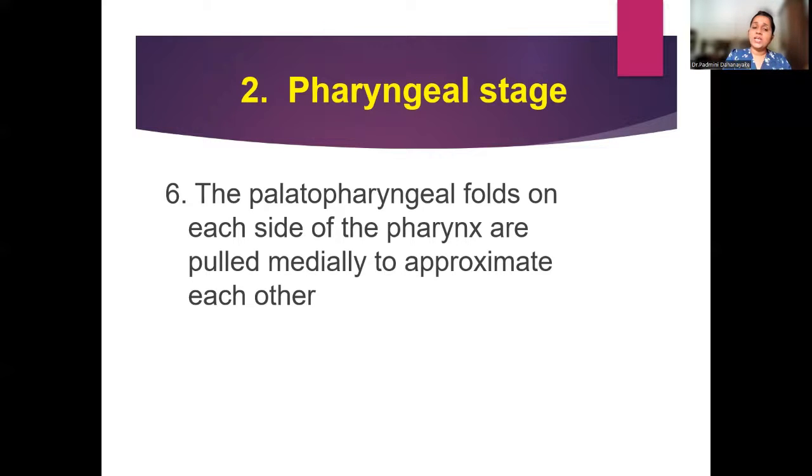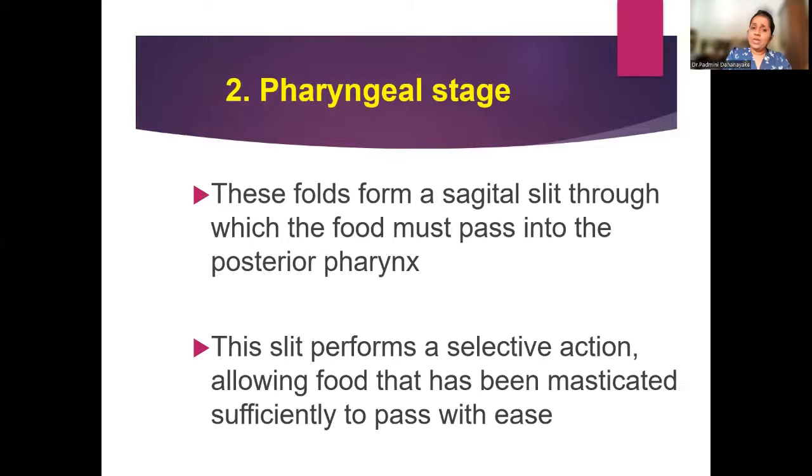The first ones are the palatopharyngeal folds on each side of the oropharynx. They will be pulled medially to approximate each other. Why? Because they will form a small slit when they approximate each other.